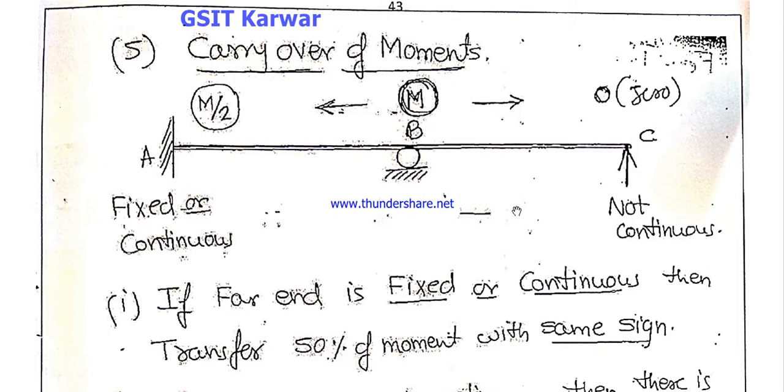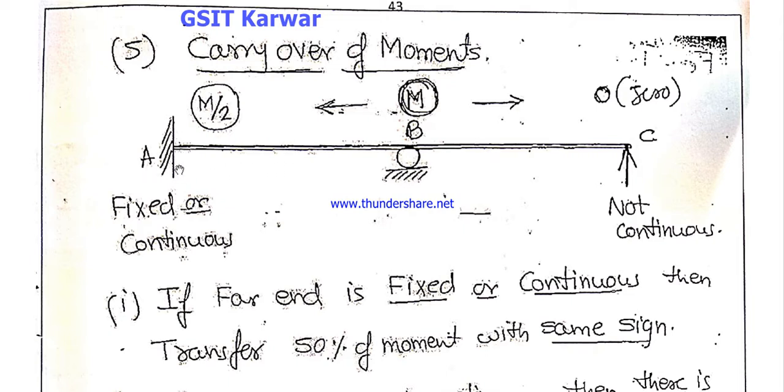In this support condition, in the continuous beam, how will the moment carry over? See, I want to carry over the moment whatever occurred in the joint B. So that is my moment M. How are we going to carry over towards other joints?